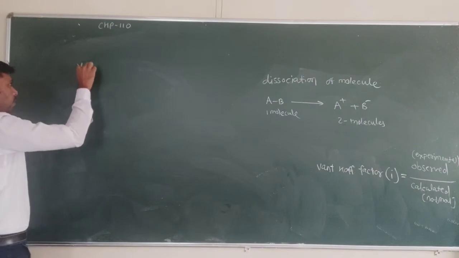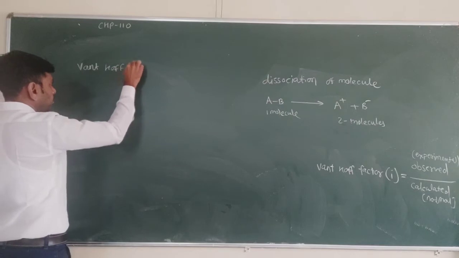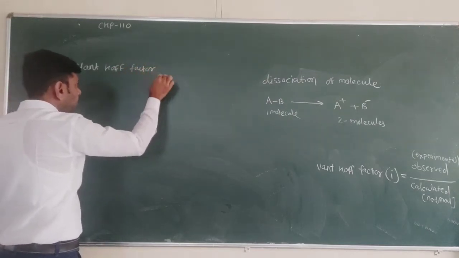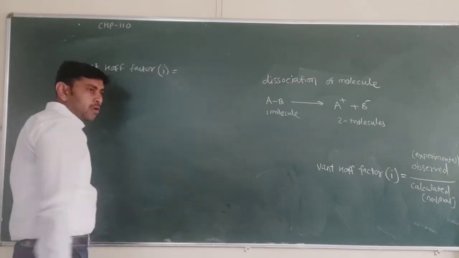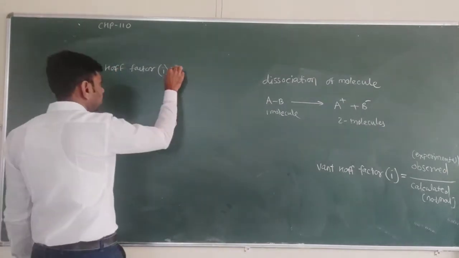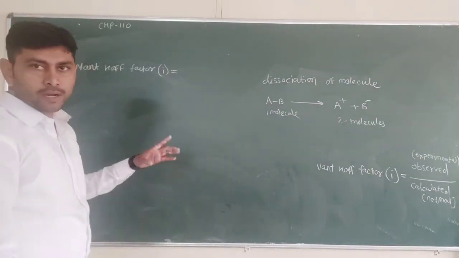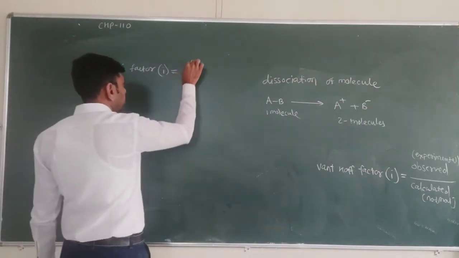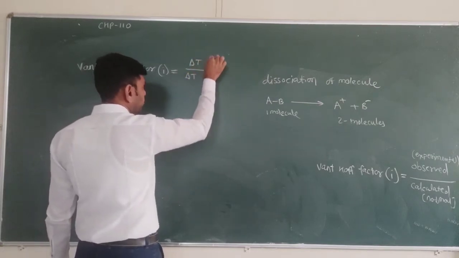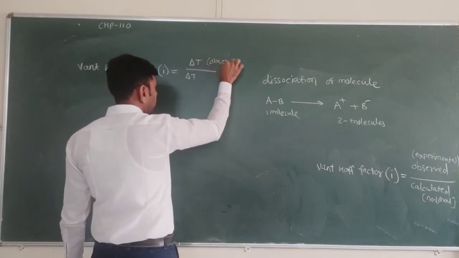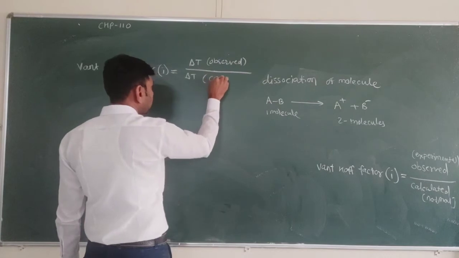We can define the Van 't Hoff factor i for different colligative properties, such as for the changes in temperature, that is for elevation in boiling point and depression in freezing point. We represent delta T observed and delta T calculated.